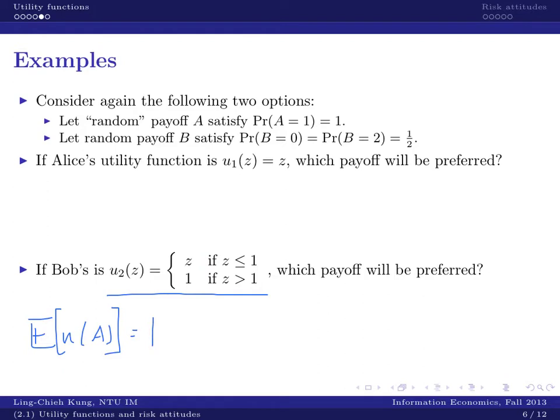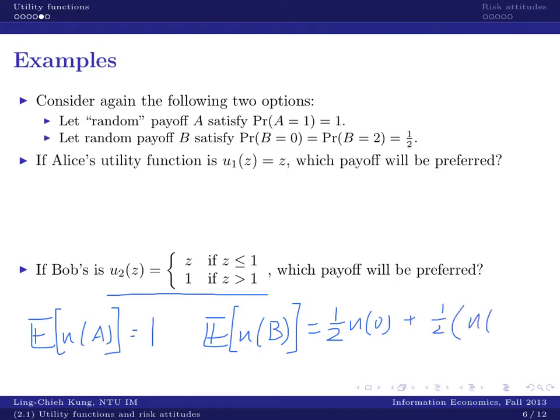Now how about the other one? Here I need to calculate 1/2 times U of 0 plus 1/2 times U of 2. U of 0 is 0. You can see this here: when Z is 0, you get utility 0.